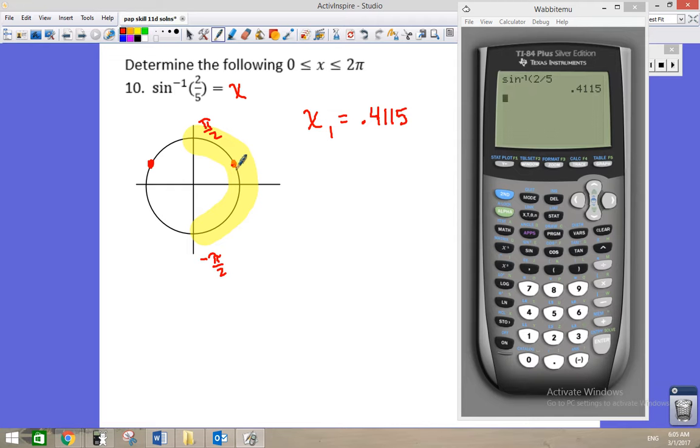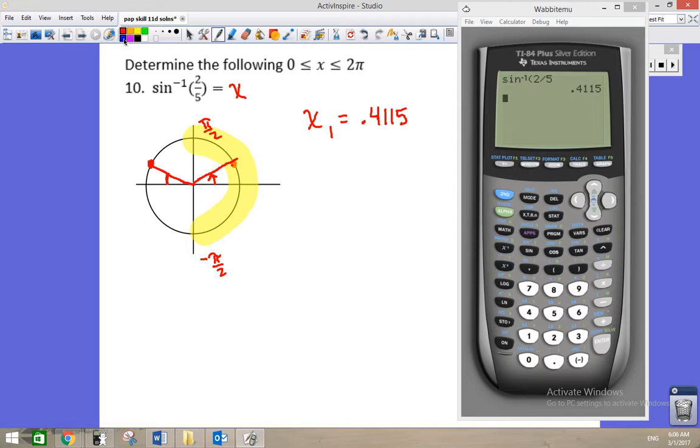Well, I know this angle is in quadrant 1, so it's its own reference angle, and it's this angle right here, which I know is the same in magnitude as this angle over here.